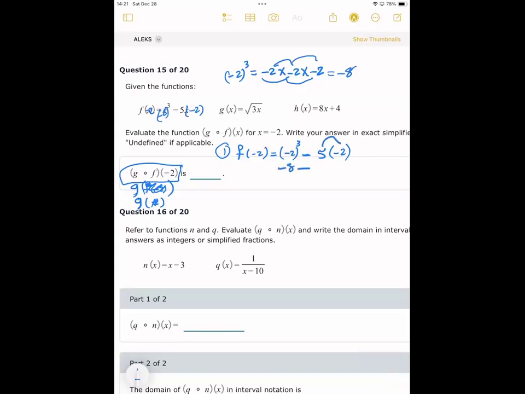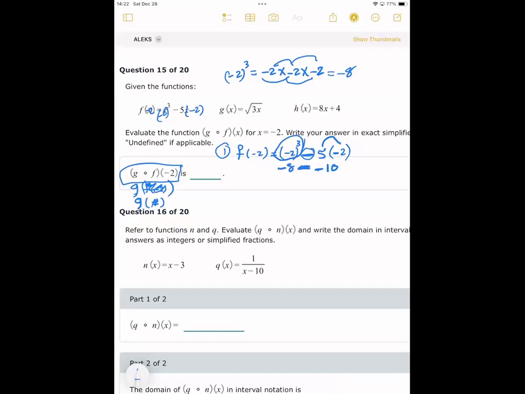5 times -2 is -10. So you could go -5 times -2 is a plus 10 addition. However, you just pick one method and consistently use that method, as long as you know that this turns into addition. Or you can use my method and say, this is -8.